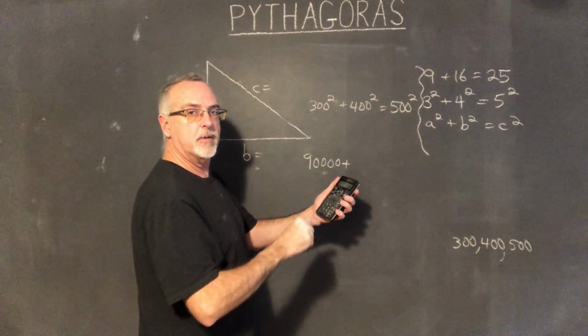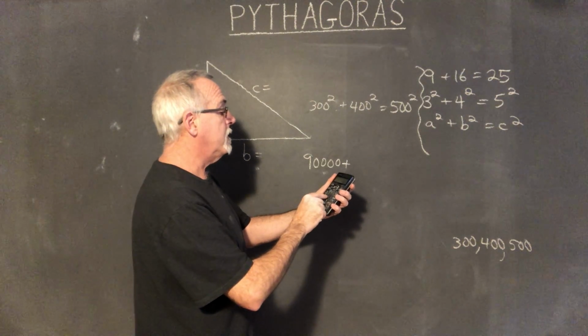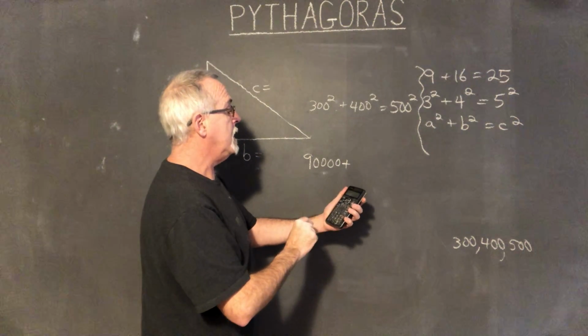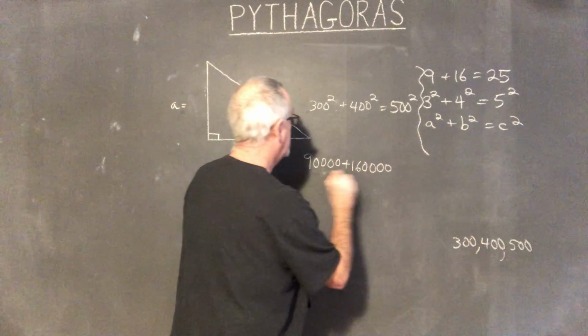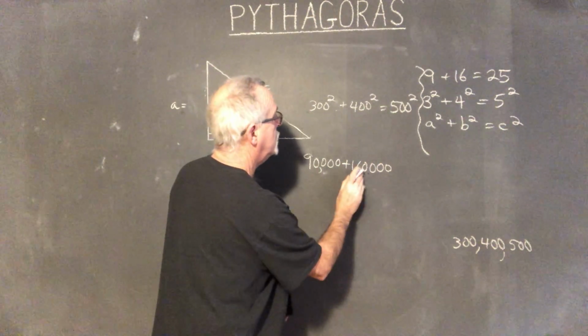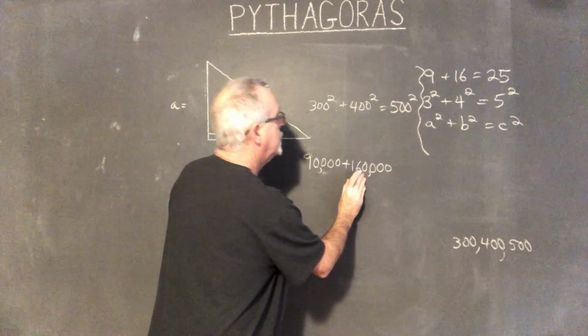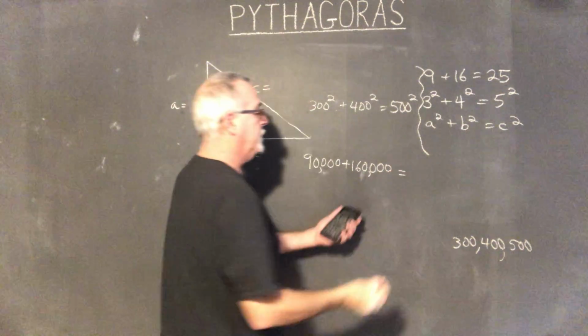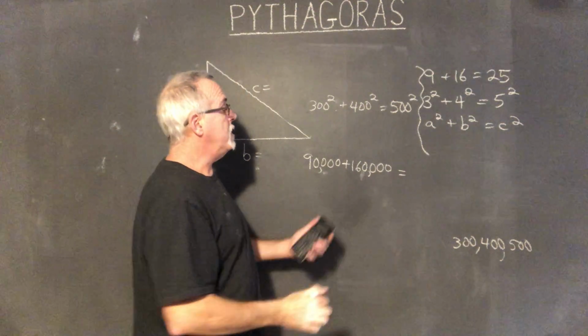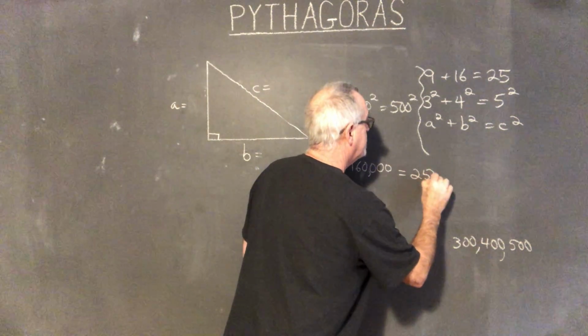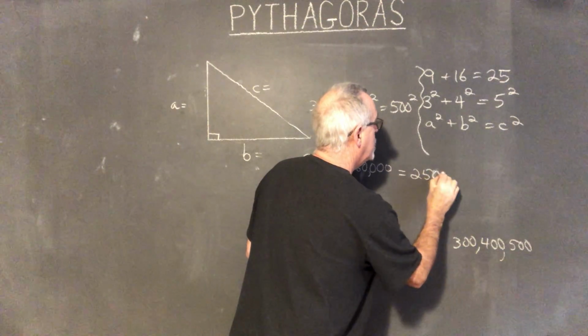This time I'm not doing 400 times 400. I'm doing 400 and then using my x squared key. 160,000. I guess I should put little commas. Nope, put that one in the wrong place. There. And does that equal 500 squared? 500 squared is 250,000. Messy. 250,000.